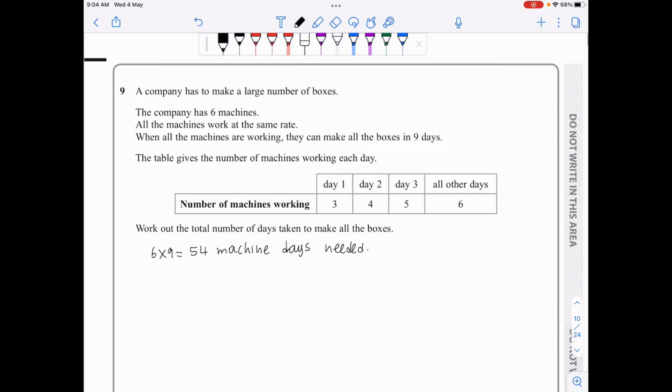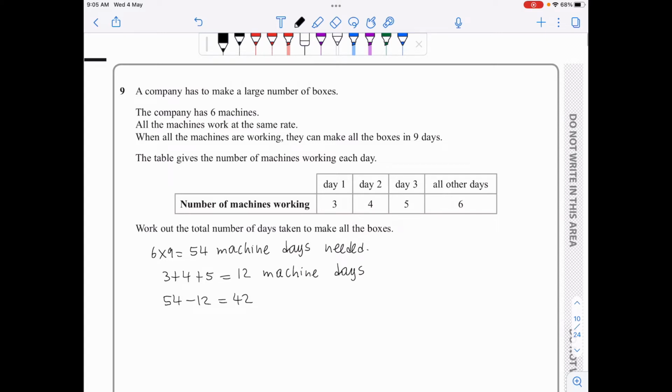Obviously, machines and days are inversely related, because the greater the number of machines, the fewer the days needed. Up to now, we had 3 plus 4 plus 5, which equals 12 machine days. And 54 minus 12 is 42.